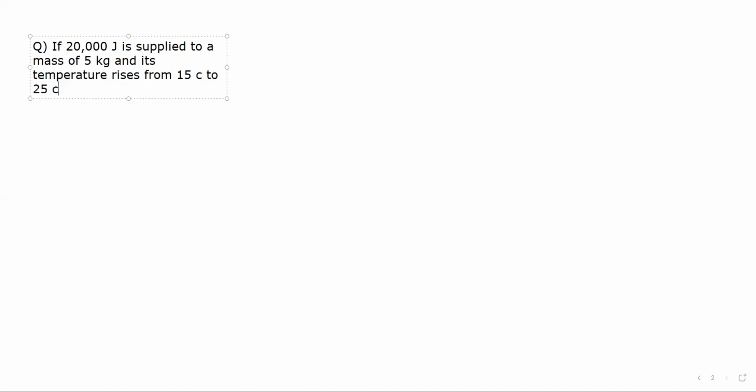If 20,000 joules is supplied to a mass of 5 kg and its temperature rises from 15 degrees Celsius to 25 degrees Celsius, calculate the specific heat capacity of the mass.